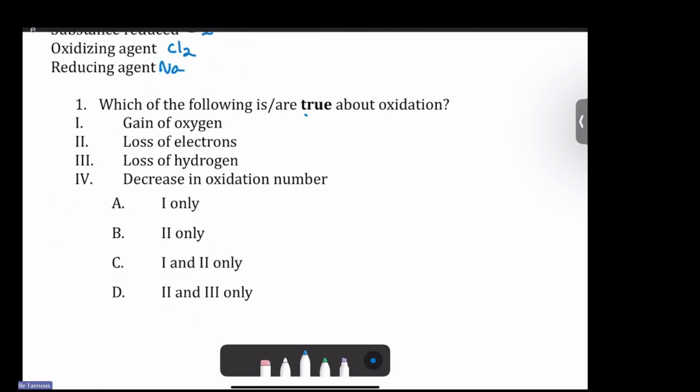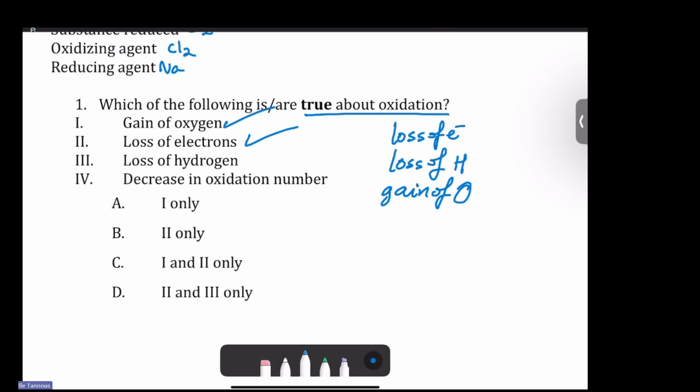Which of the following is true about oxidation? So oxidation, again, is the loss of electrons, loss of hydrogen, gain of oxygen. Wait, did I say something wrong? Gain of oxygen, correct? Loss of electrons and loss of hydrogen.